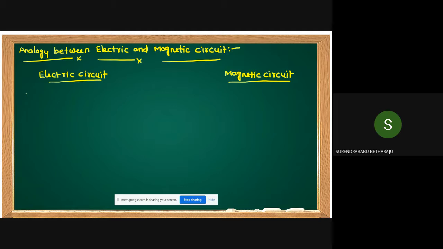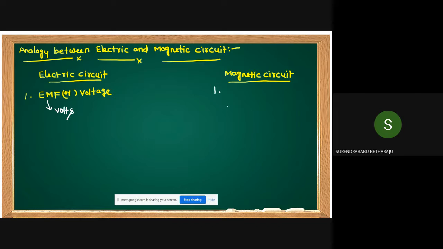Generally in an electric circuit, the source we can define as either EMF or voltage. This EMF or voltage is in volts.